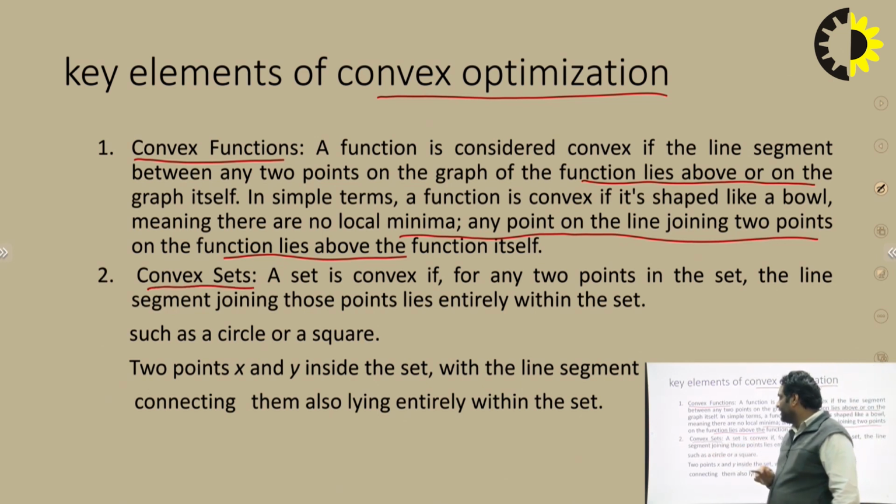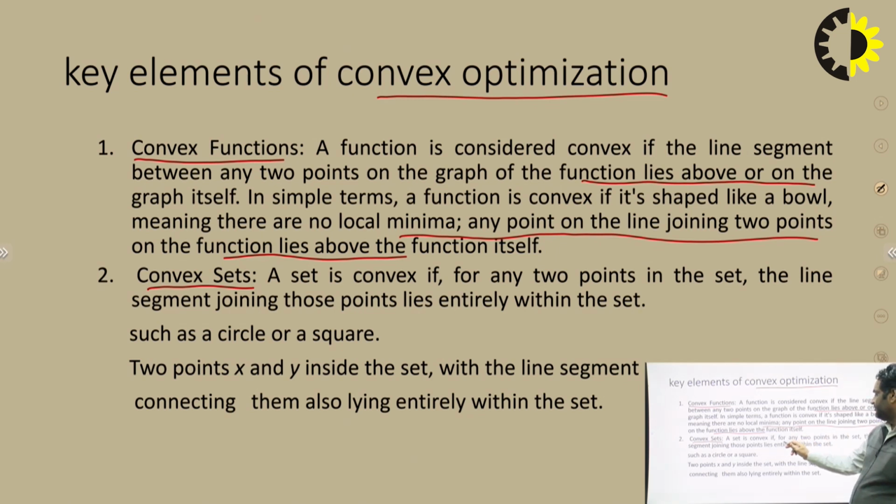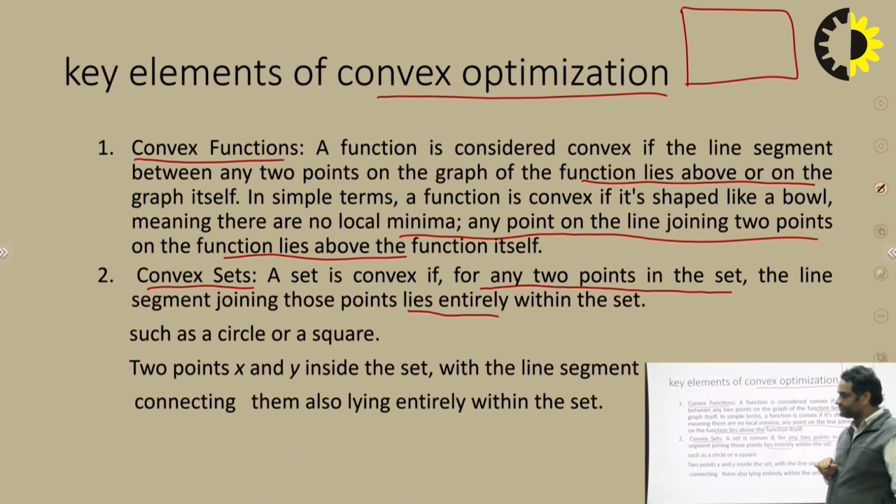I already defined this thing. Then the second key element is convex set. A set is convex if for any 2 points in the set, the line segment joining those points lies entirely within the set, just like this one. Suppose this is a convex region. Each point inside this region, when we connect these two, the line segment lies inside this region.